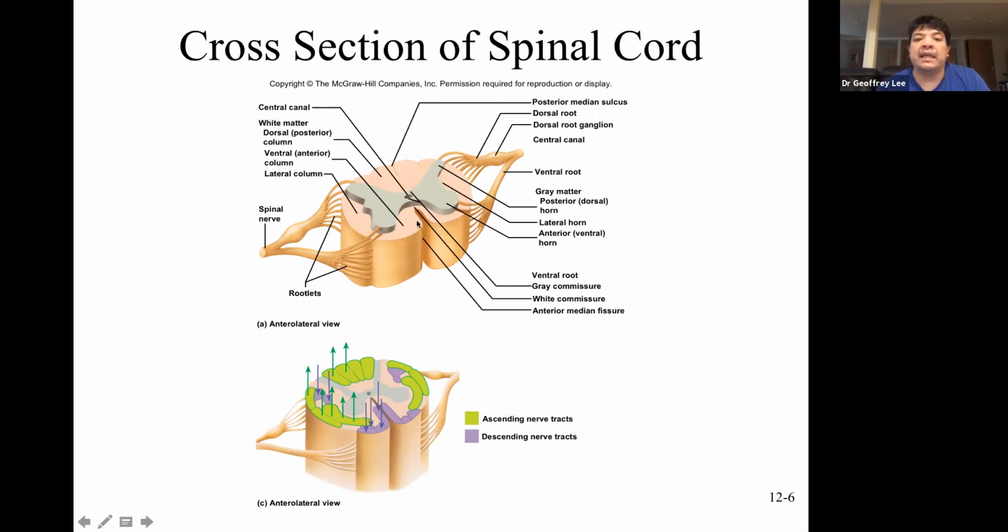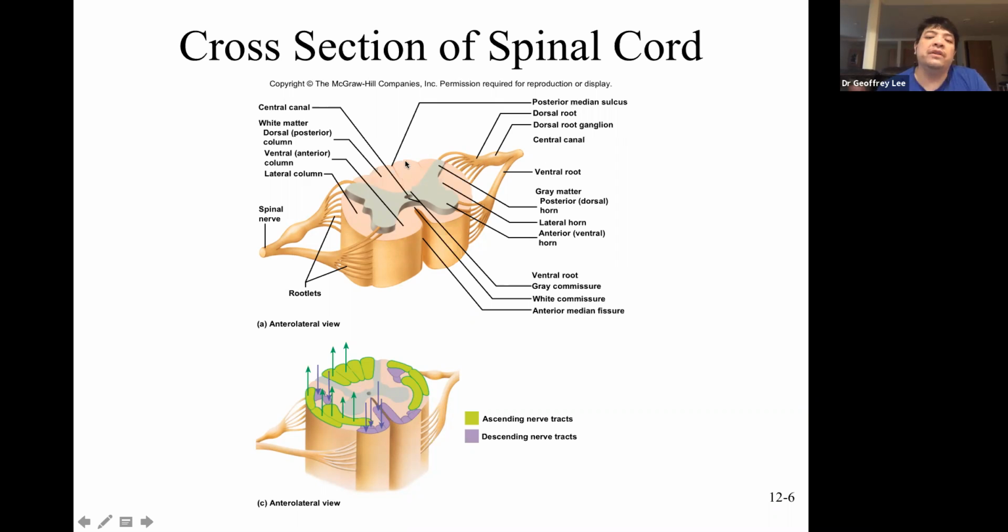There's a space. Now in the back, we have something different, just a little crease found between the two sides. But keep in mind though, there is that division, there is that crease, right? The crease is called a posterior median sulcus. A sulcus is a crease separating one region of spinal cord and brain from another region.